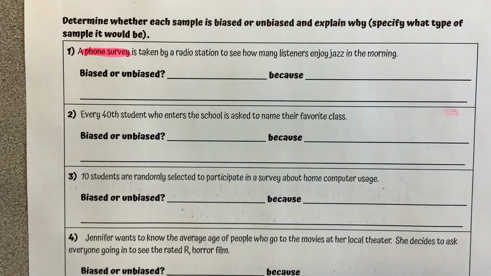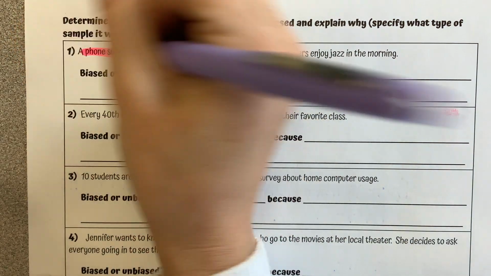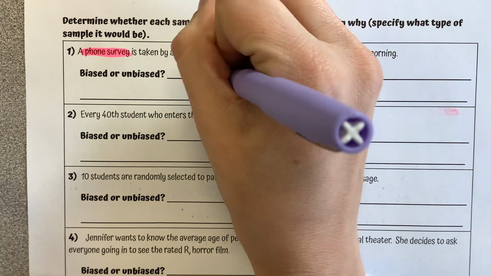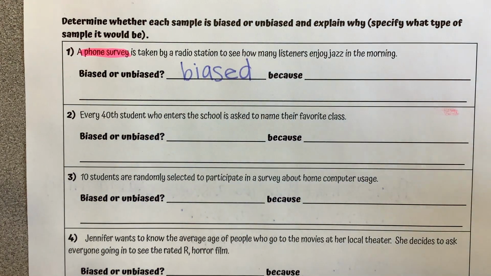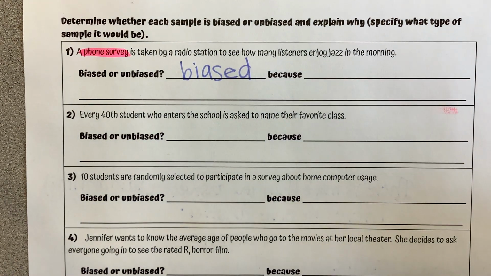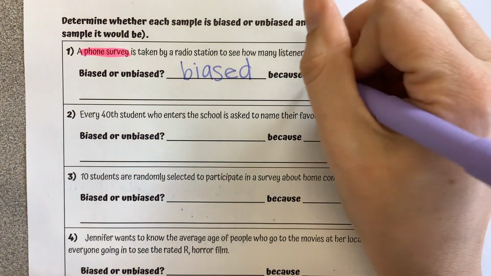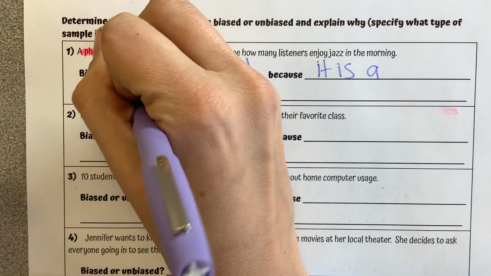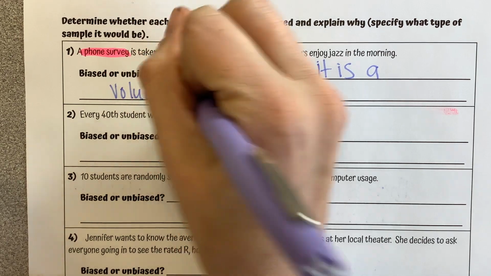Does everyone have to answer that phone survey? Are there certain people that are told they have to answer it? No. This would be volunteering, right? So a volunteering situation creates a biased sample because it is a voluntary sample.